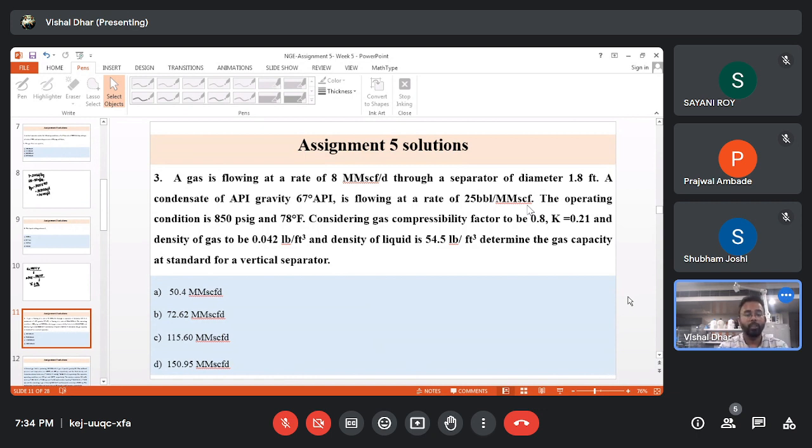vertical separator. The four options given are A, 50.4 SCFD, B, 72.62 SCFD, C, 115.60 SCFD, and D, 150.95 SCFD.